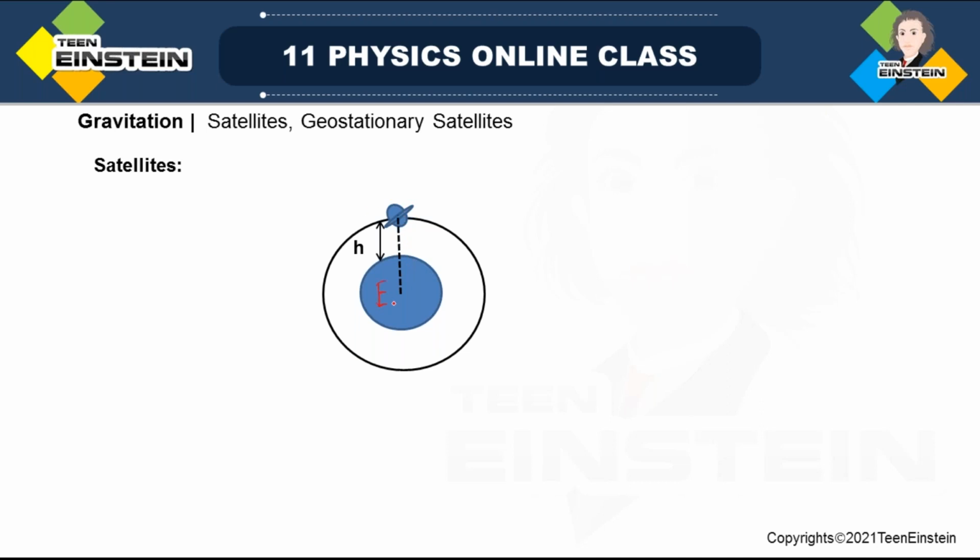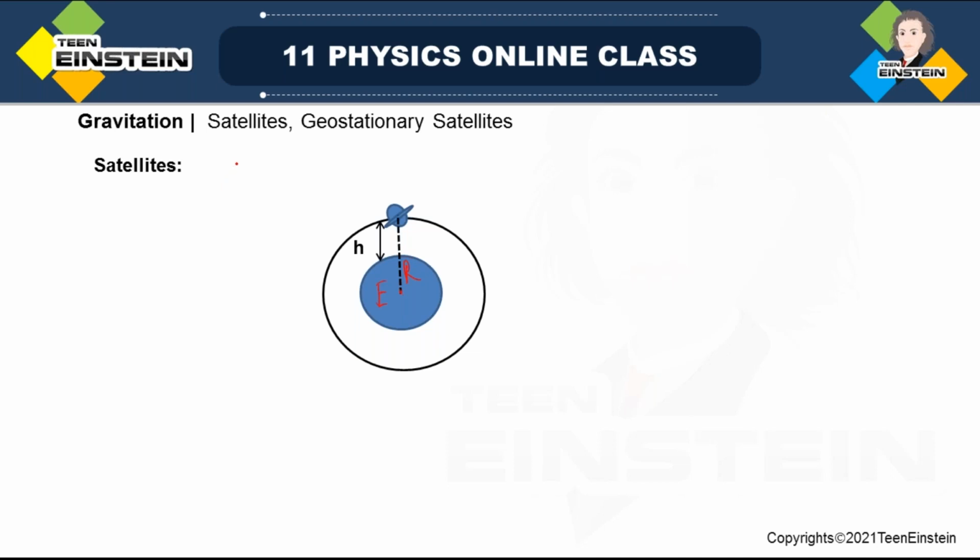This is earth, which we have considered in this chapter as a solid sphere of radius R, and it has its center over here, and the satellite is h distance, or h height, above the earth's surface.